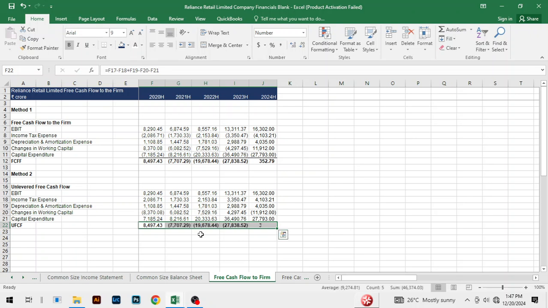So we should get the same figures like those ones above. So here we applied the formula as it should be, and here we just computed our free cash flow to the firm going with the flow of the financial statements.